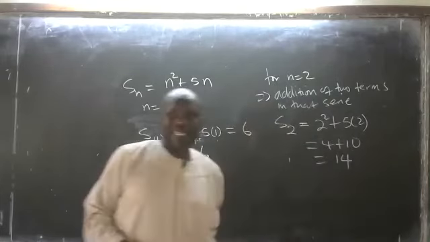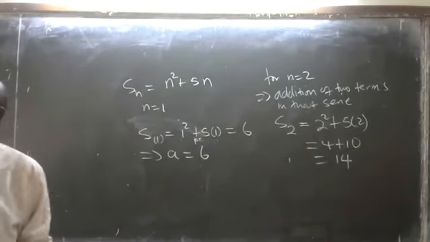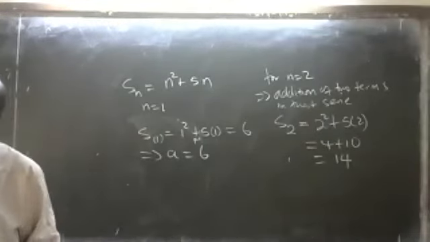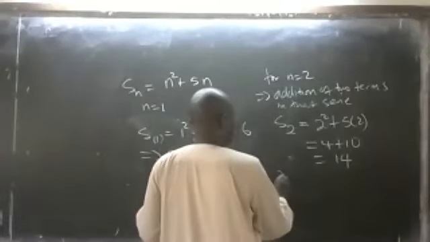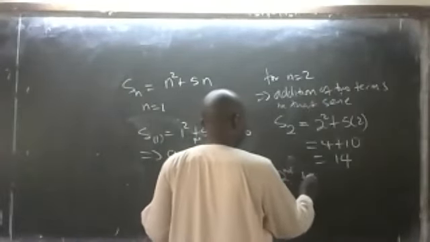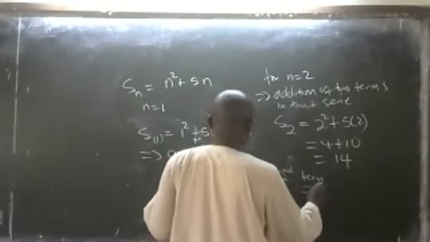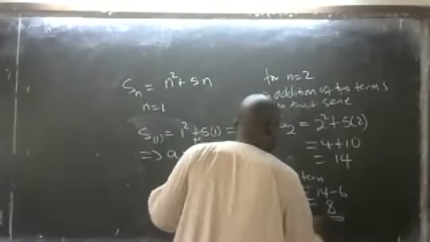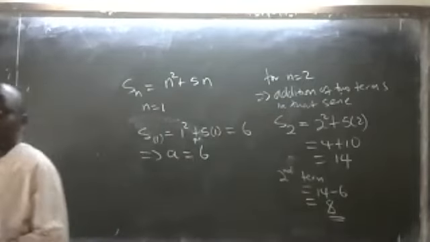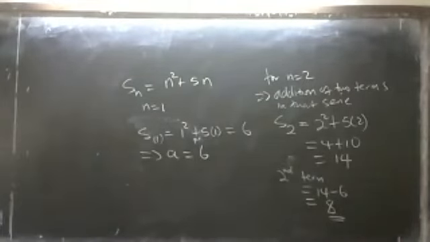This is not the second term, but the sum of the first and second one. So the second term is equal to 14 minus 6, which is equal to 8.